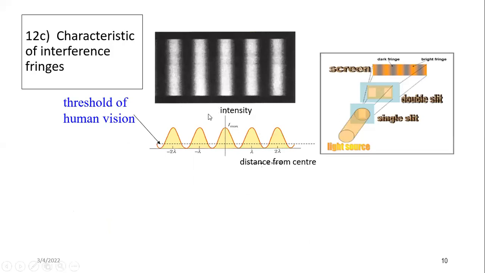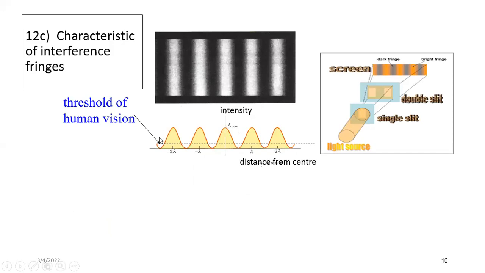Okay, so if we look in terms of intensity, that's how we see. Intensity is evenly spaced, and according to the graph of intensity against distance, we should see a dark line. But we don't see a dark line, we see a dark band.